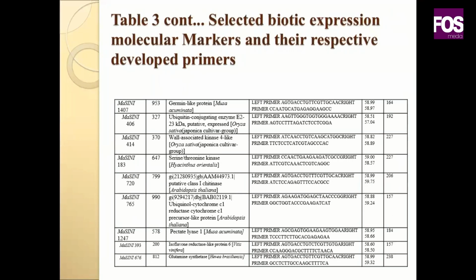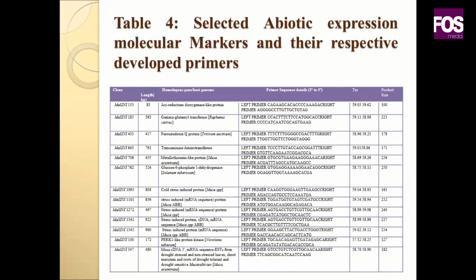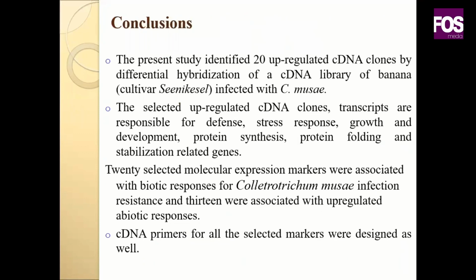These are the same kind of results we obtained for the biotic expression molecular markers. This table shows the abiotic expression molecular markers and their respective developed primers, which you can use for varietal screening to identify which variety shows resistance against anthracnose. Those cultivars can be used for crop improvement or further plant breeding processes, and also for screening nursery plants before they come into the field.